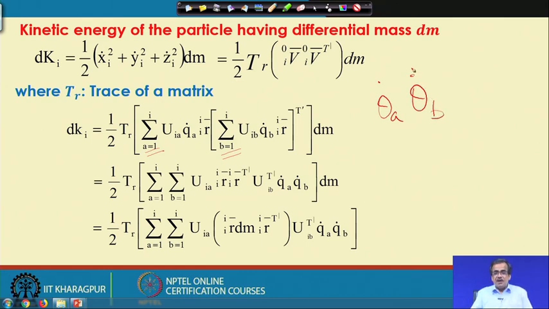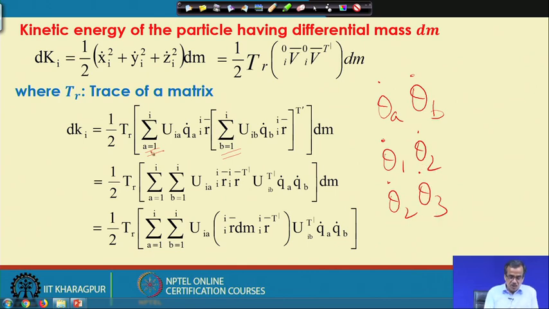Now, in the final expression which I am going to derive, there is a possibility there will be a few terms like theta_1 dot multiplied by theta_2 dot, then theta_2 dot multiplied by theta_3 dot, something like this.